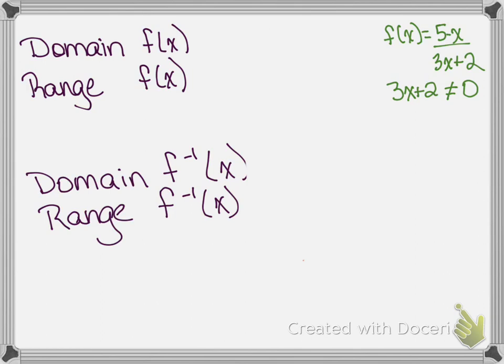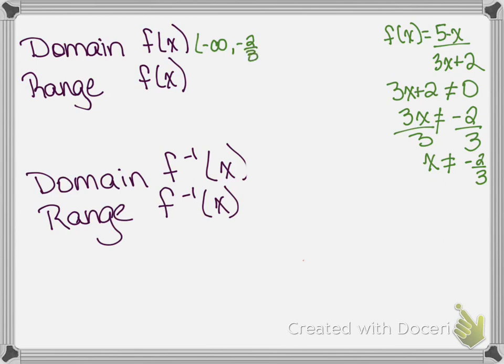So now I solve. We had one similar to this on your quiz. What is it that x cannot be? Negative 2/3. So my domain for that is negative infinity to negative 2/3 union negative 2/3 to positive infinity.